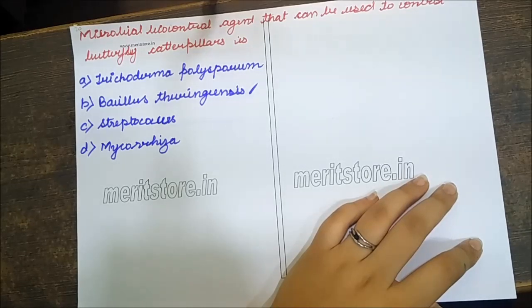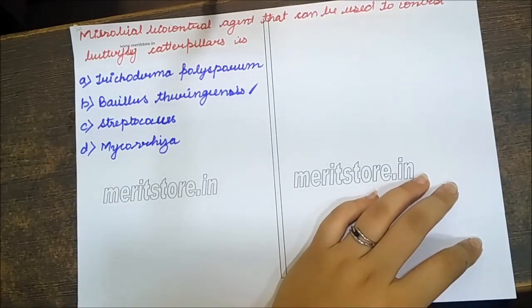In the gut of the larva, the toxin is released and the larva gets killed. So, the bacterial disease will kill the caterpillars, but leaves other insects unharmed.